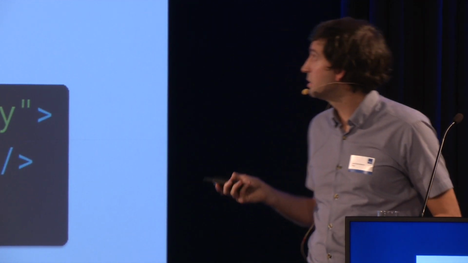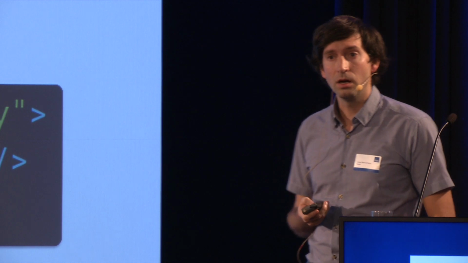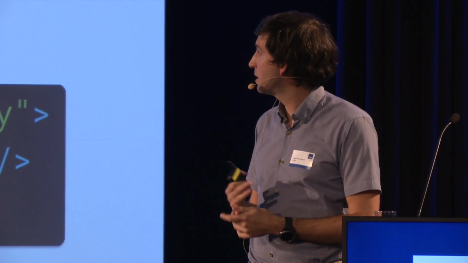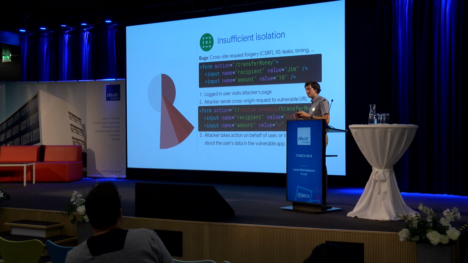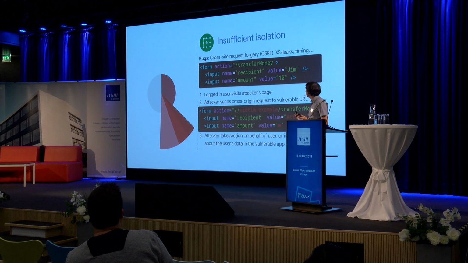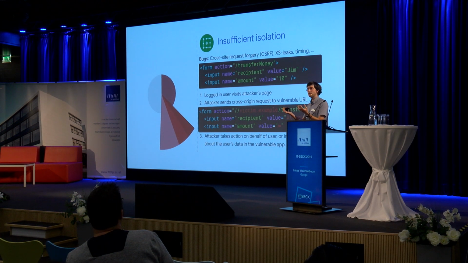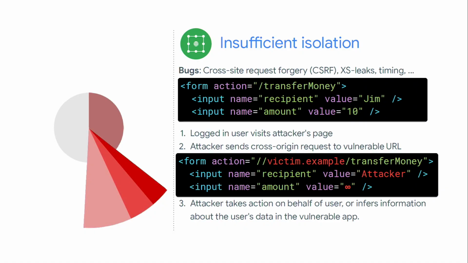The other category we'll talk about today is insufficient isolation. I don't know if this type of categorization has occurred to you before, but this category is bugs caused by two origins not being isolated properly from each other. One common example is cross-site request forgery.